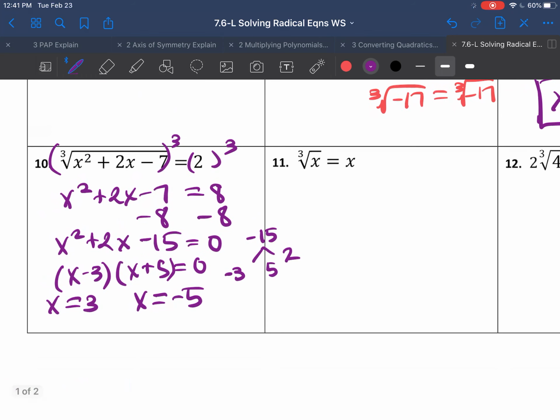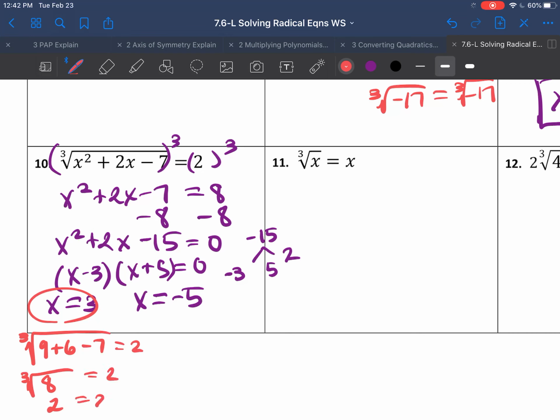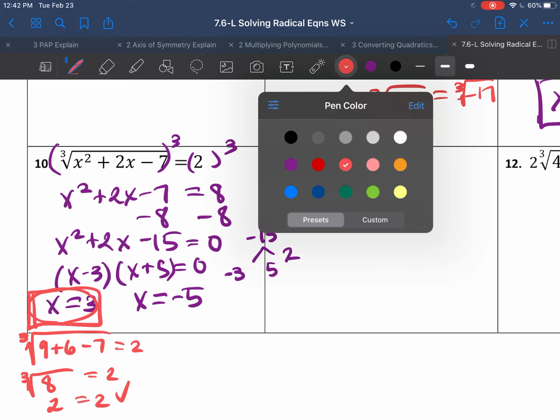So let's check both of them. So starting with the x equals 3, I would get cube root of 9 plus 6 minus 7, which is cube root of 8, which is 2. And that matches the right-hand side. And so x equals 3 is a true solution.